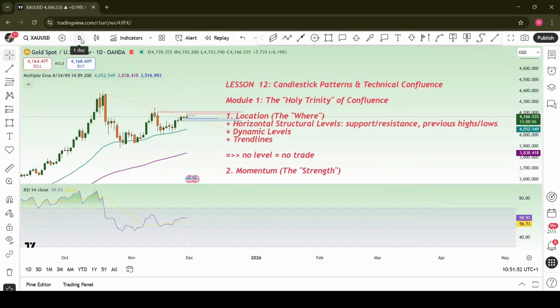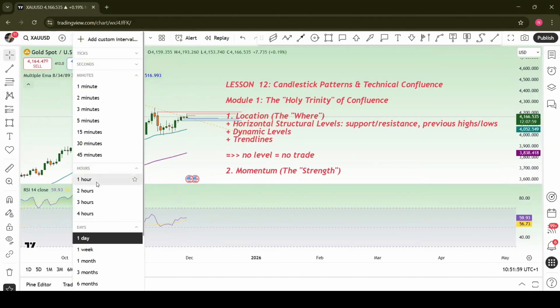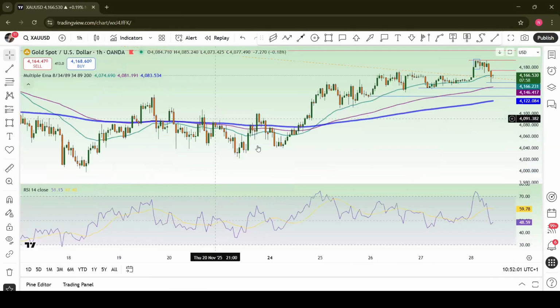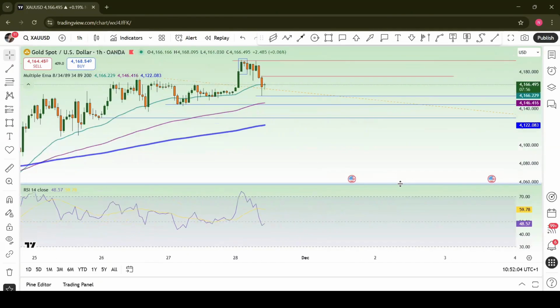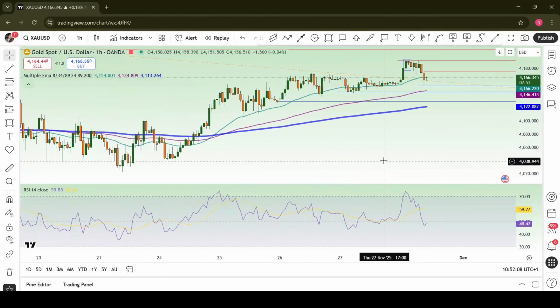Okay, so if you want to identify the detailed movement, switch into a smaller time frame, like 1 hour, to look at what is going on.